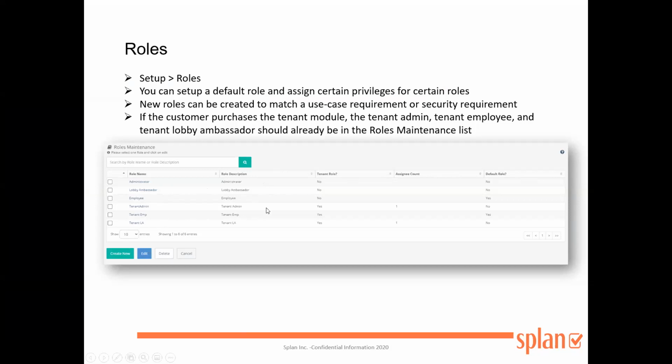You'll assign the initial tenant roles here, but the actual tenant who's using their slice of the system can also have their own roles. For default roles, you typically have just one default, which is employee and tenant employee. That means anybody who gets added to the system will by default be an employee.